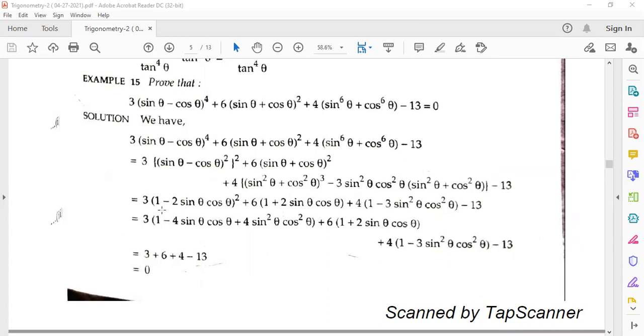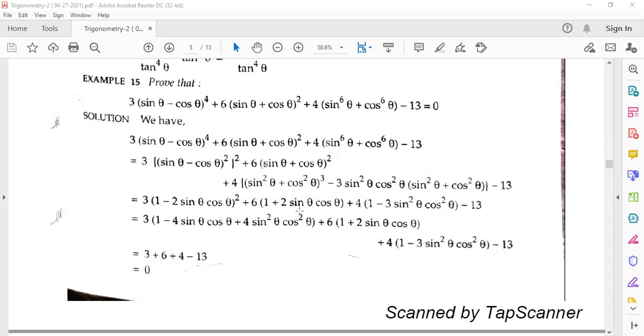So a minus b whole square means a square minus 2ab plus b square. A square means 1 square, that is 1, minus 2 into a means 1, b means 2 sin theta cos theta, so that is 4 sin theta cos theta, plus b square, means 2 sin theta cos theta whole square, that is 4 sin square theta cos square theta. So 3 into (1 minus 4 sin theta cos theta plus 4 sin square theta cos square theta). Only this part is written.